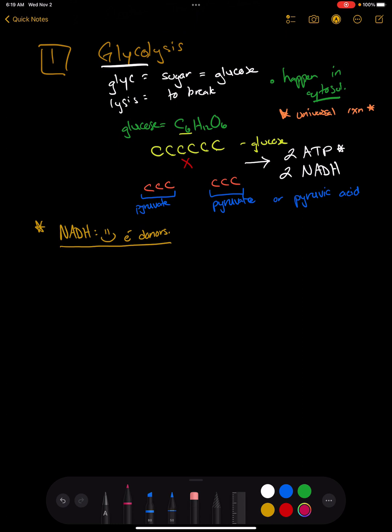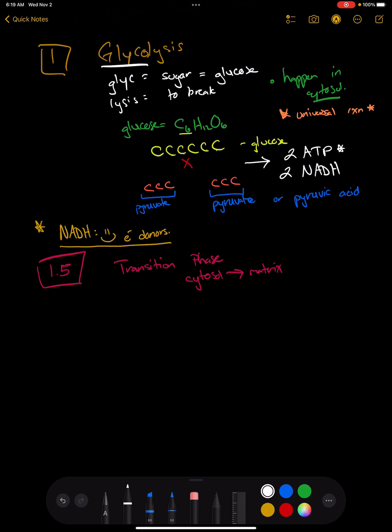Now, we didn't list this one because it's like step 1.5, okay? This is my transition phase. And whenever you transition, it means you're going from one place to the other. So these 2 pyruvates, I'm going to move them from the cytosol and shove them all the way into the matrix.